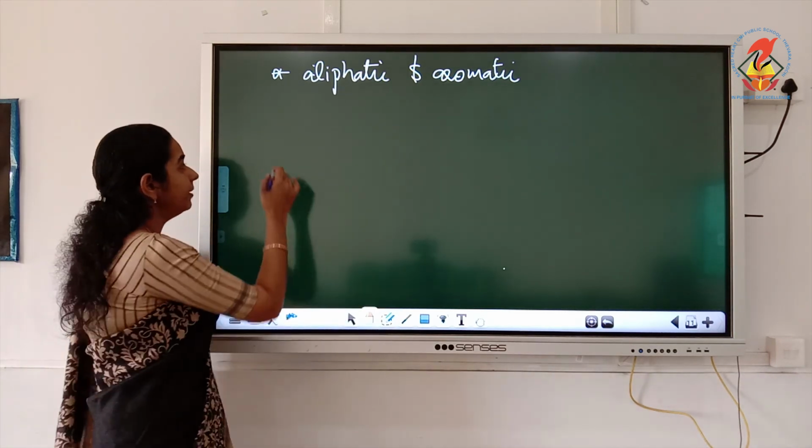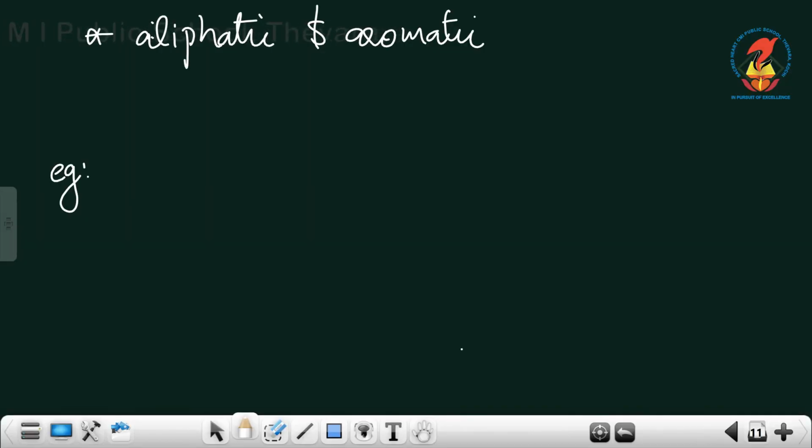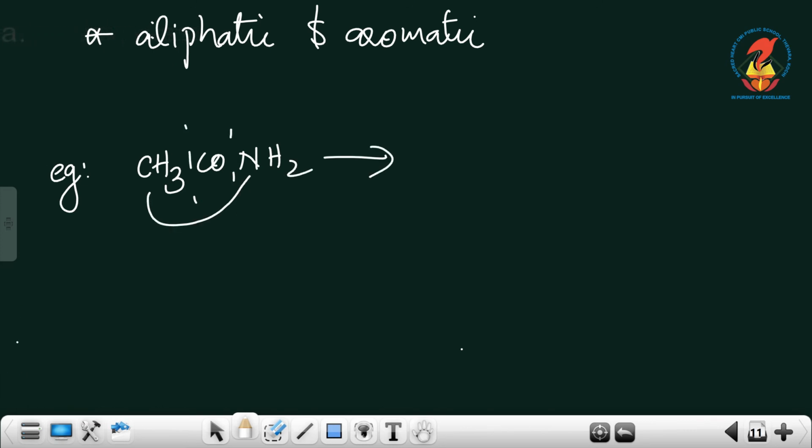For example, if I am taking CH3CONH2 as the amide, after breaking and migrating, I will be getting CH3NH2.